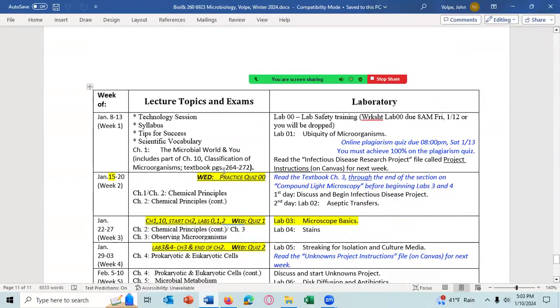So today what we're going to be doing is just working on chapter 1 again, and then we'll talk a little bit about chapter 10.